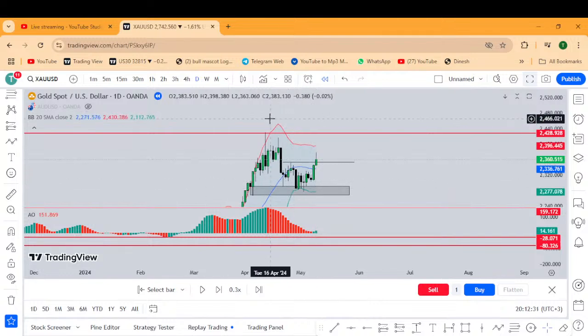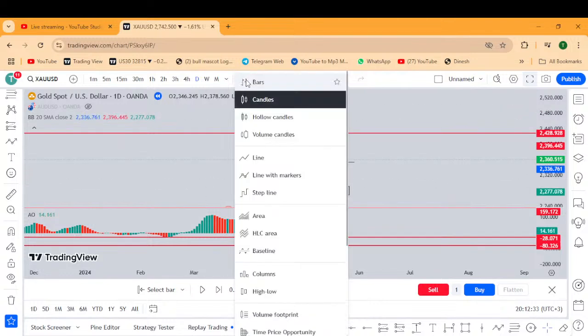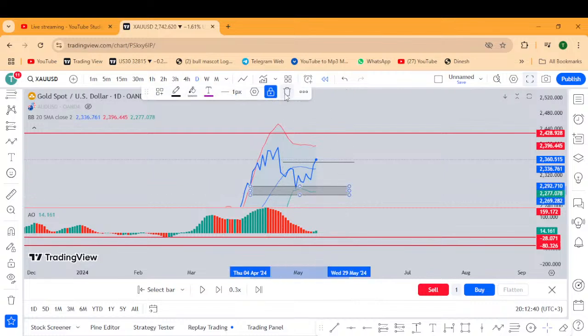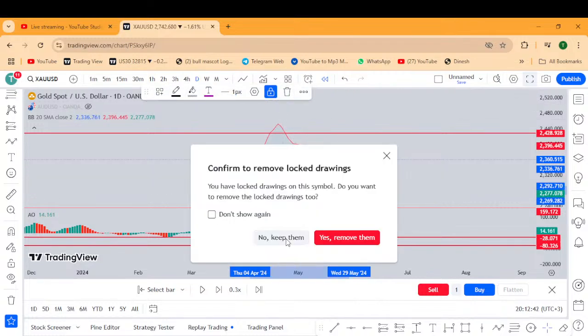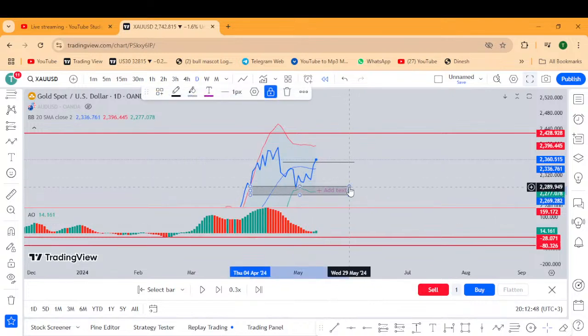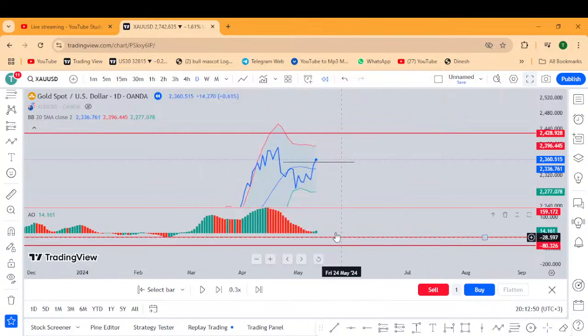You can even switch to line chart. For example, line chart like this, it will help you to identify the order flow. So even if you remove this, like this, if we remove, this is our order flow.